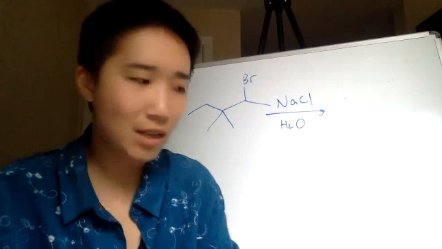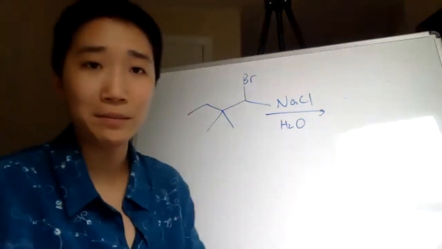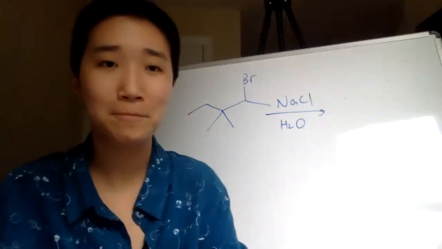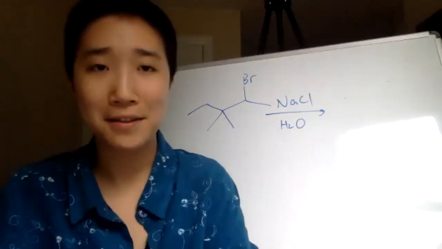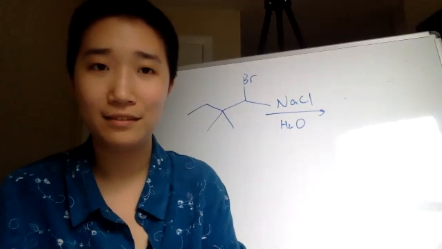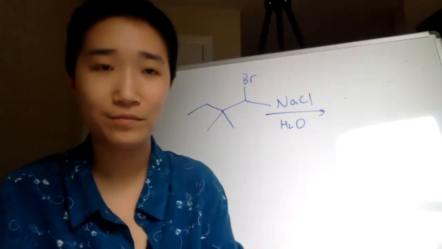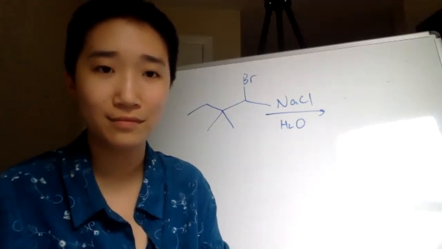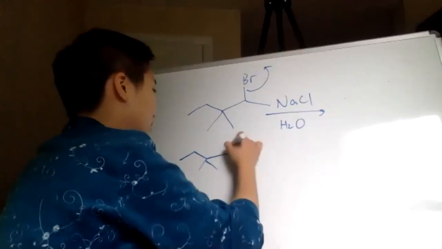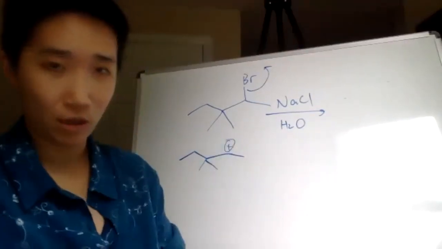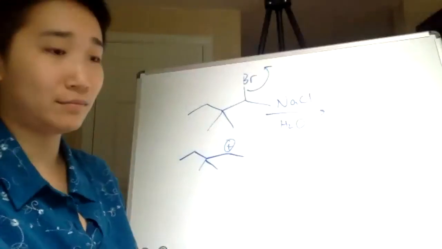Okay, so let's see if it's possible. Take a look at this thing. What do you think the first thing is going to happen? The leaving group leaves. Wonderful. What's the next thing?